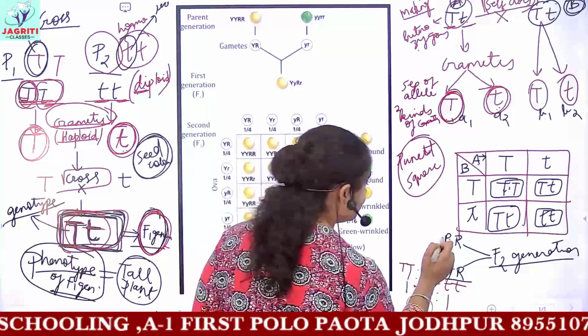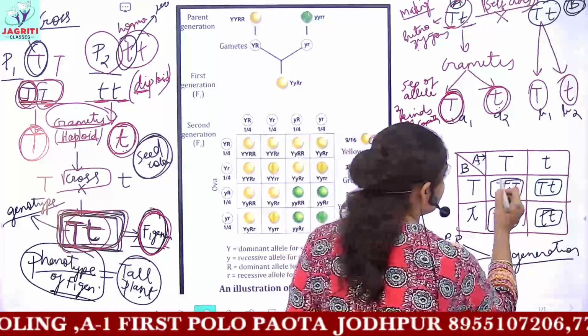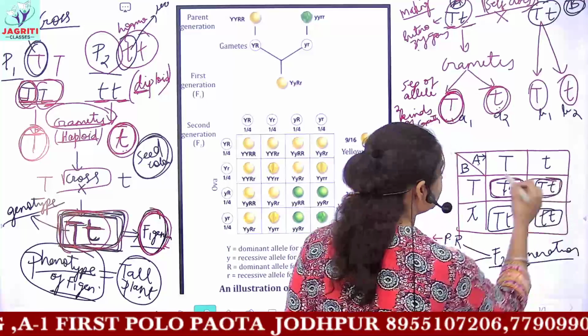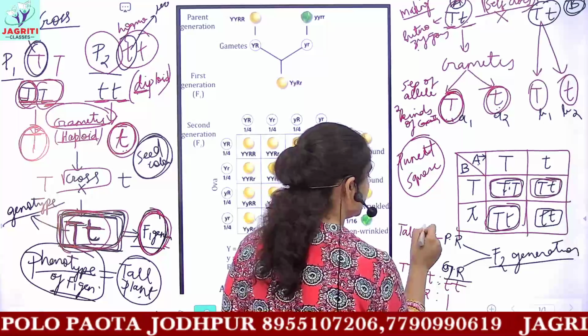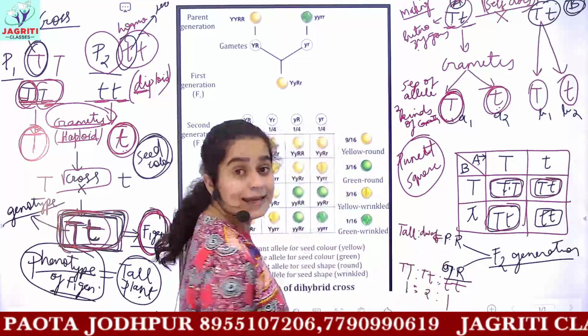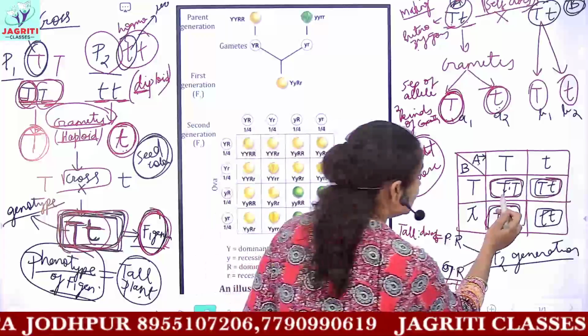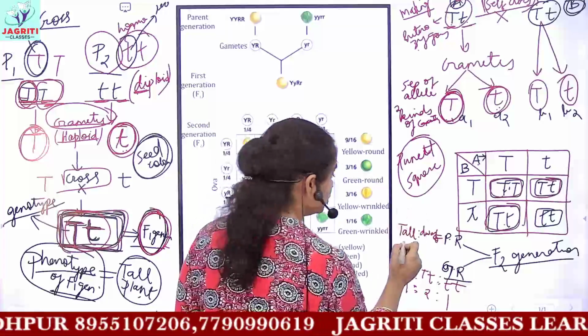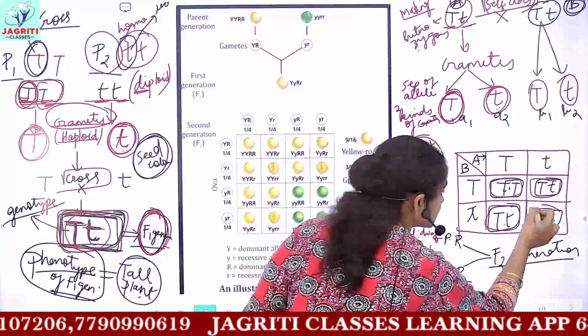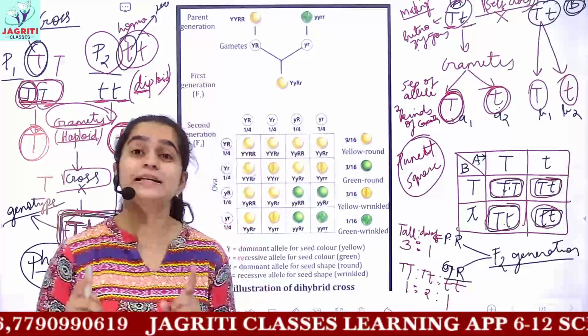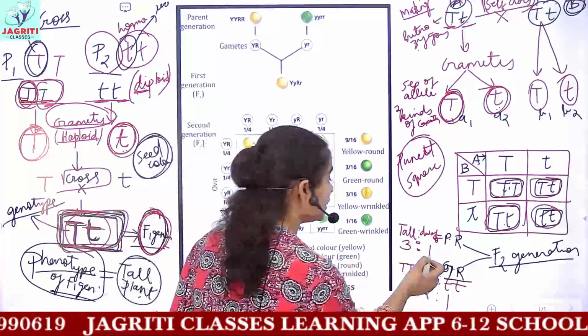For the phenotypic ratio, you have two categories, tall and dwarf plants. Three of the genotypes will show the physical appearance of tall, and one genotype, small t small t, which is a recessive trait, would show the appearance of dwarf.